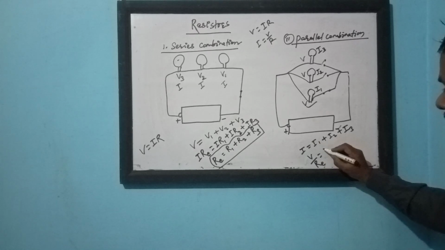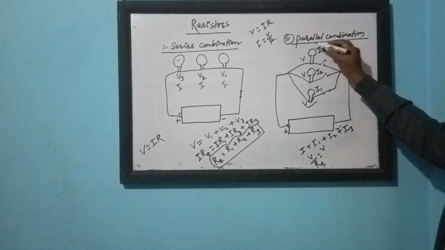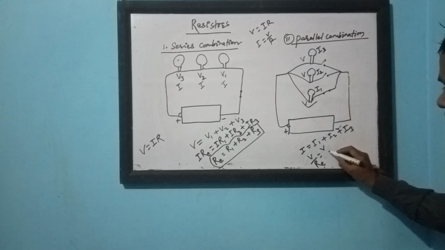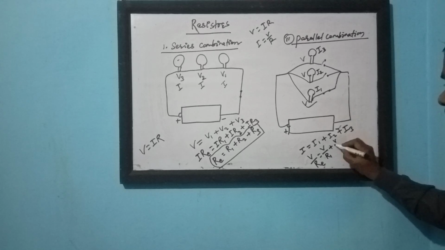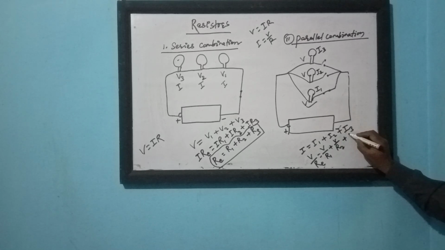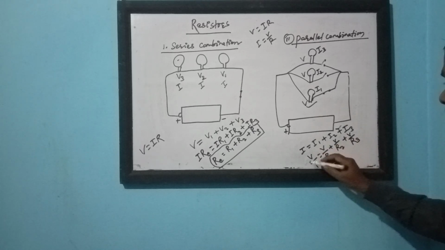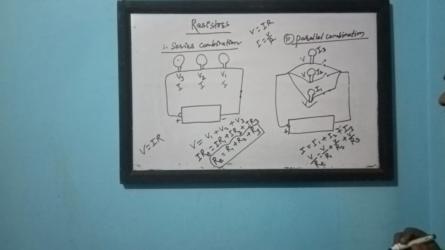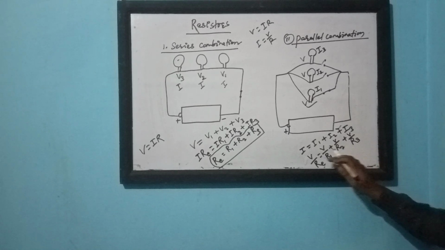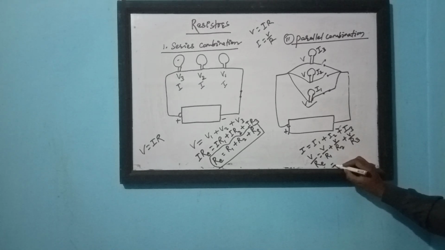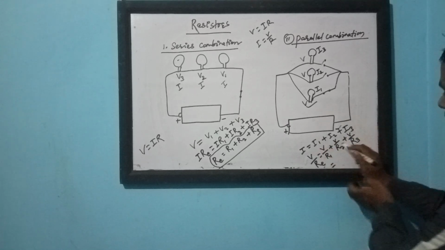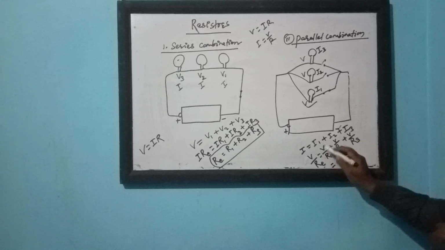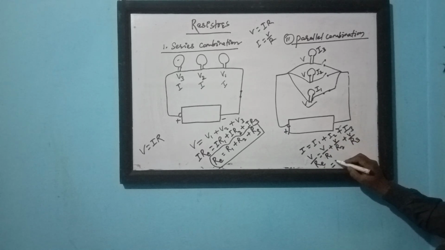V remains the same for all in the parallel combination, so I1 plus I2 plus I3 is V by R1 plus V by R2 plus V by R3. Here we can take V common and cancel the V.